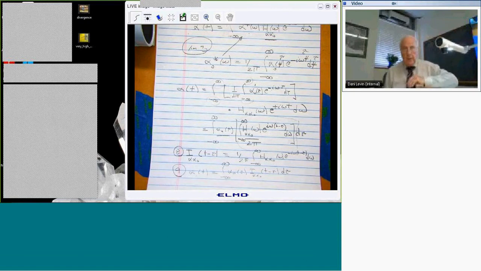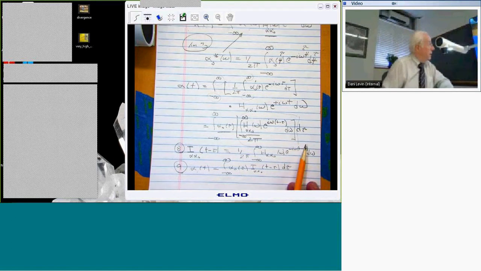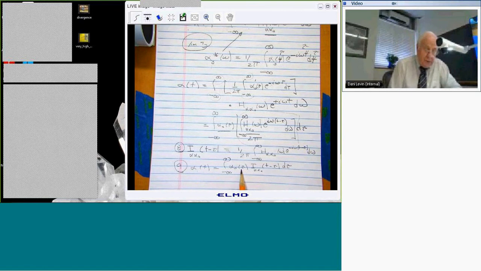The advantage of this is once I know this function I, which doesn't depend on the input, then I really know the output for any kind of input and its time dependence, if I can perform this integral.